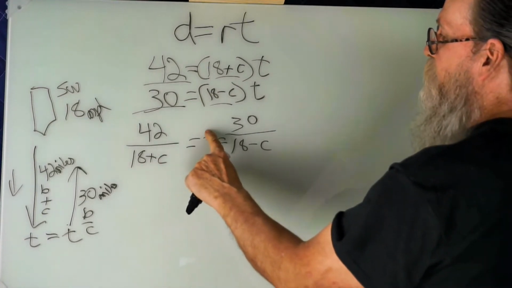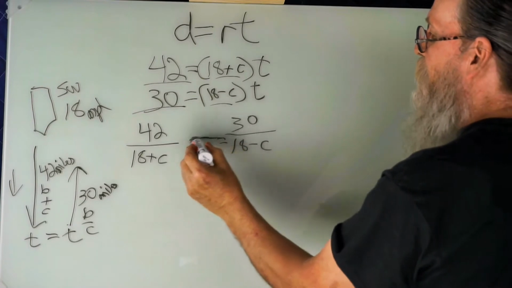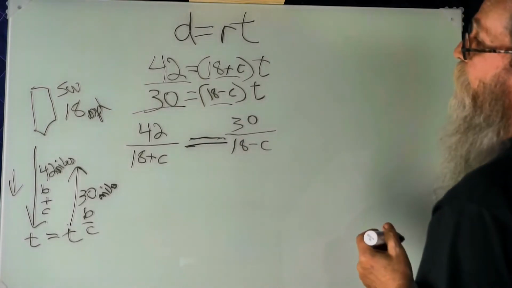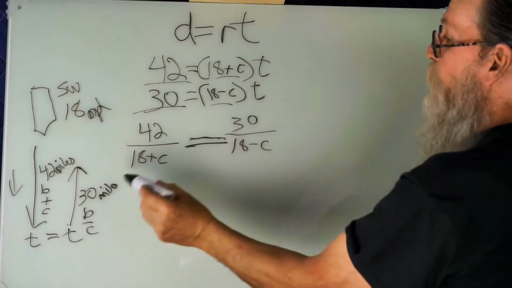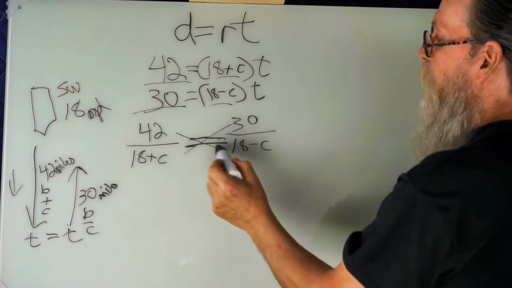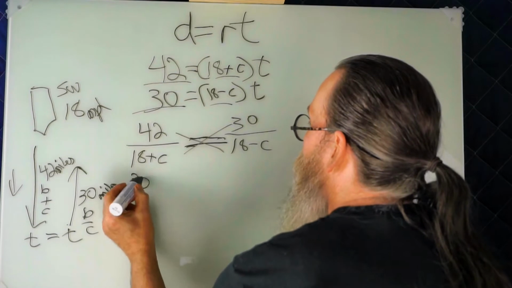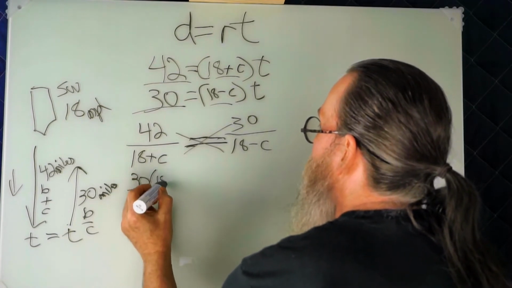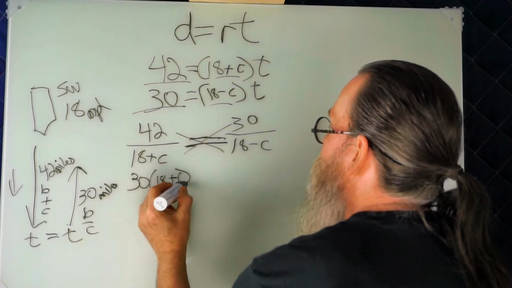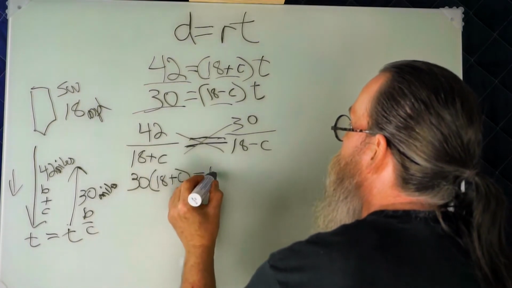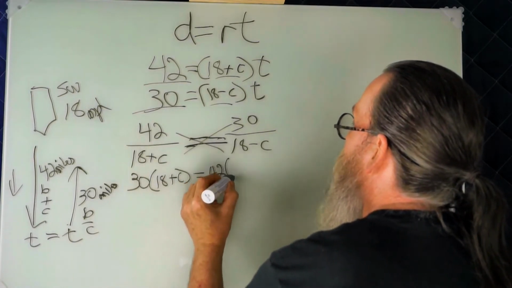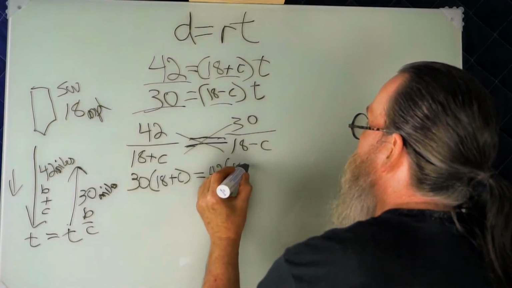So we can just get rid of this T here and make this a big equal sign. So now we have these two things. Now we do what we call cross multiply. 30 times 18 plus C equals 42 times 18 minus C.